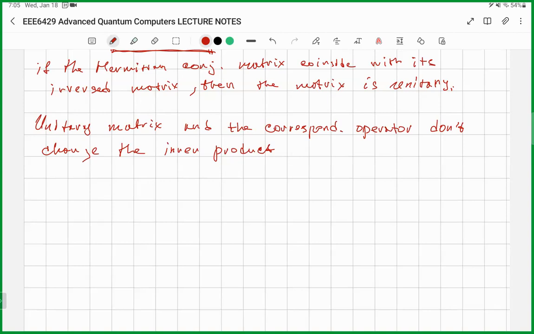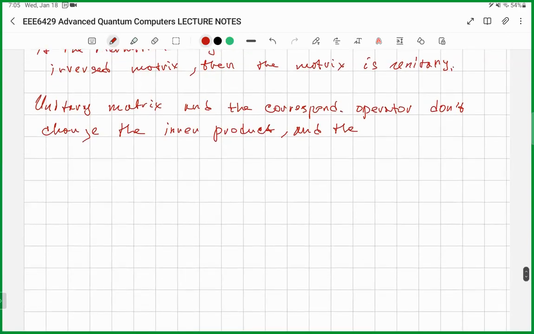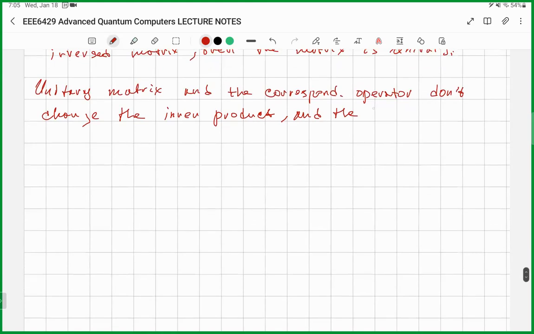And as a result, of course, the length of the vector, right? Because the length of a vector can be written as the product of a vector by itself. So the unitary transformation, the unitary matrix, doesn't change the inner product, and as a result doesn't change the length of a vector.